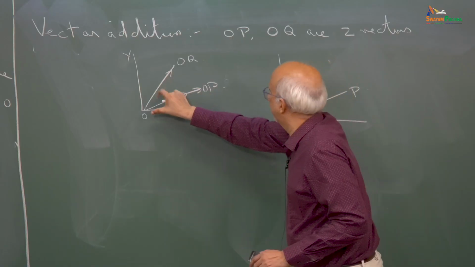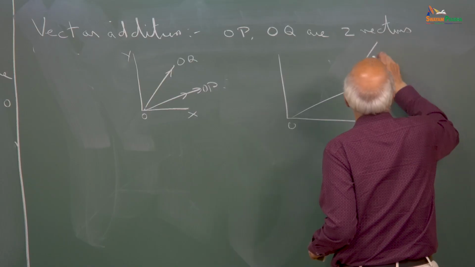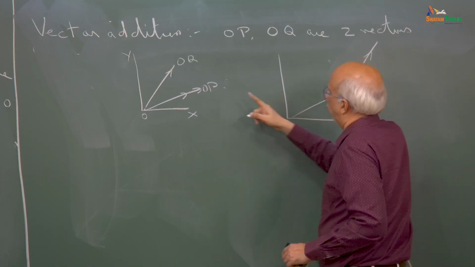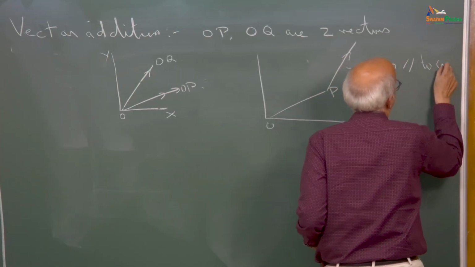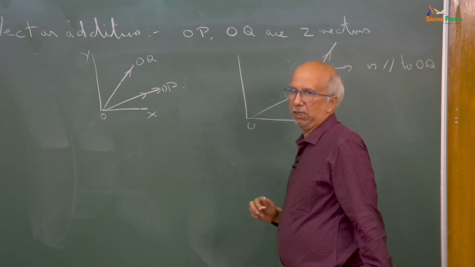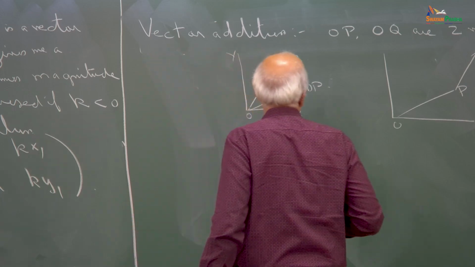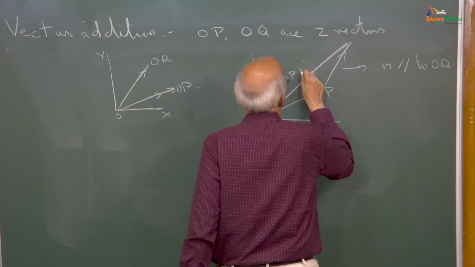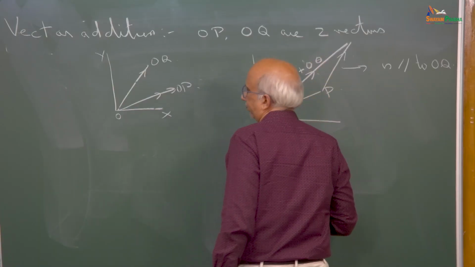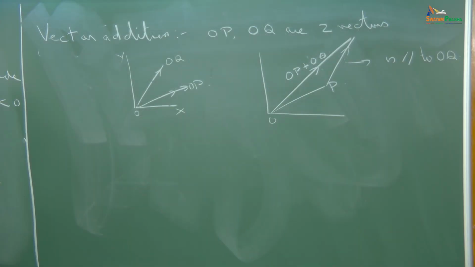So, what I am drawing is this vector parallel to OQ, same length, same direction, and the vector sum is given by this vector, OP plus OQ. Again something you are familiar with. That is the geometric representation.